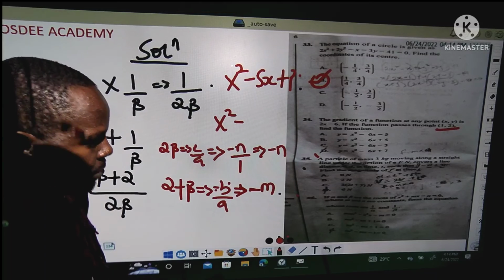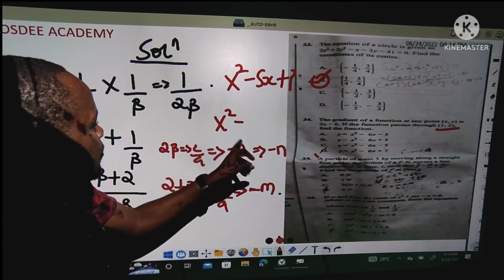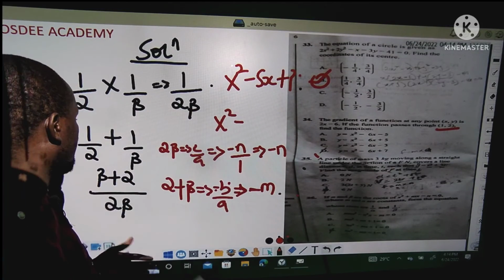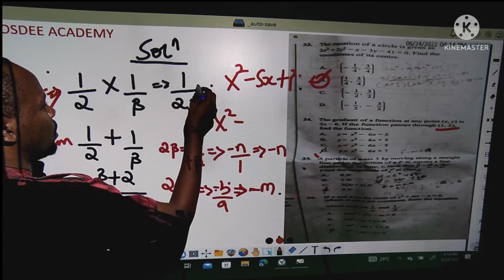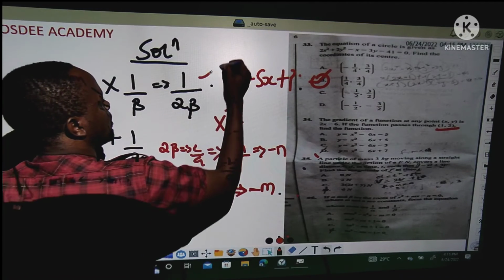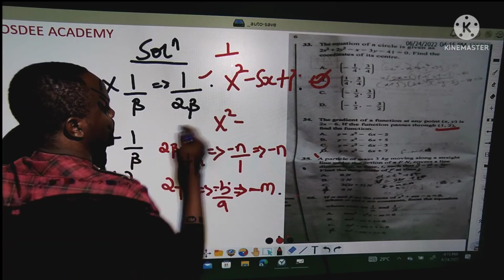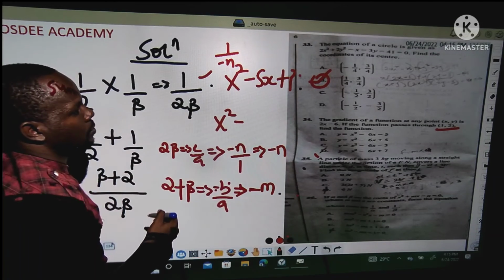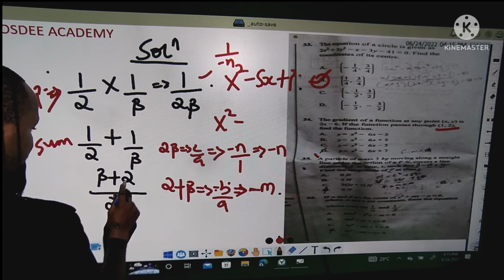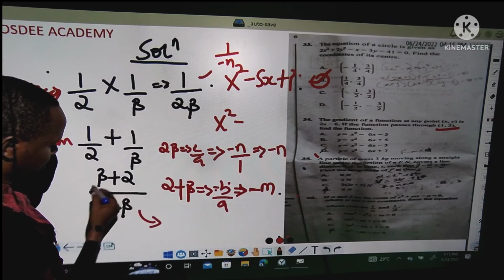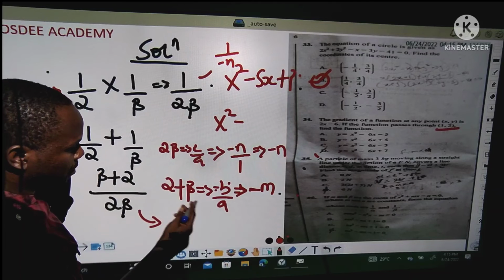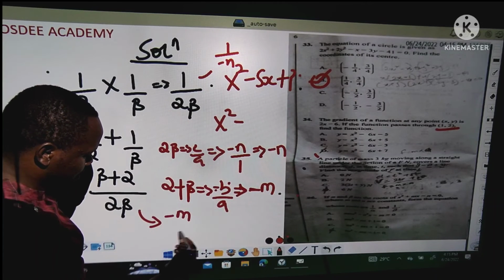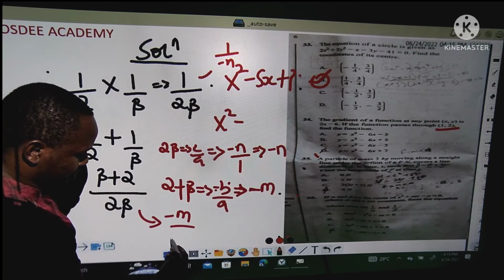So I'm substituting: x squared minus the sum. The product is 1 over alpha beta, and my alpha beta is minus n. The sum is beta plus alpha over alpha beta, which is minus m over minus n.